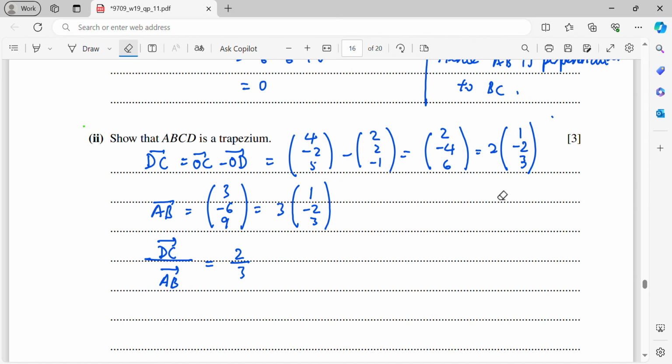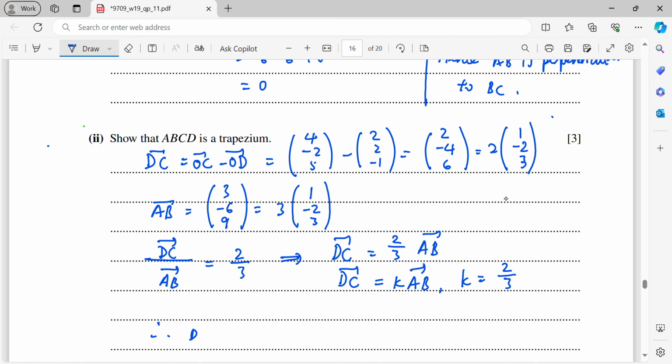You just divide the vector, so cut the (1, -2, 3). So here I will say that vector DC is 2 over 3 of vector AB. Now it is same as k of AB. When you can express in this form, that means they are parallel. So from here, DC is parallel to AB.